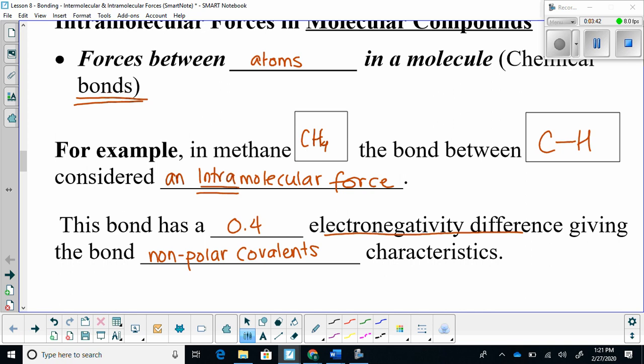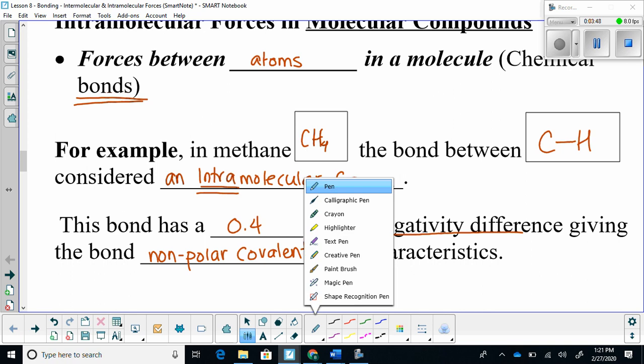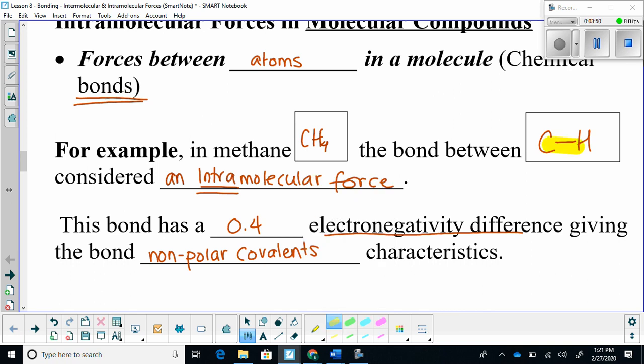So because of that electronegativity difference, this bond right here is a nonpolar covalent bond because it has an electronegativity difference of 0.4.